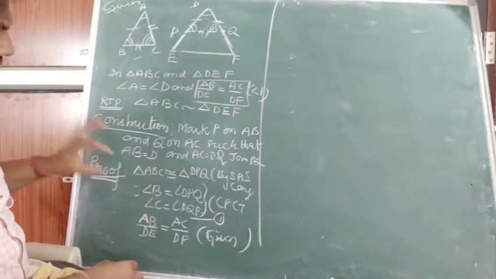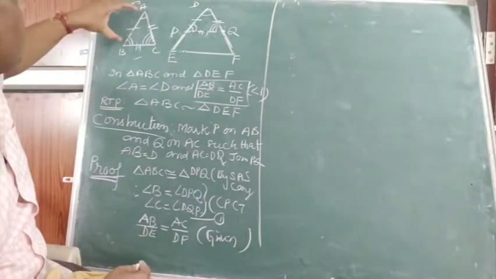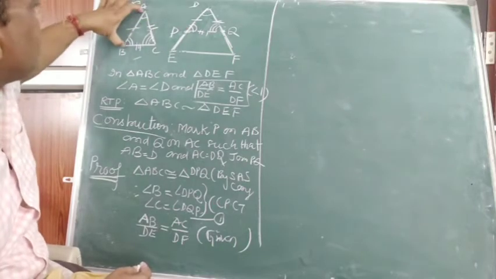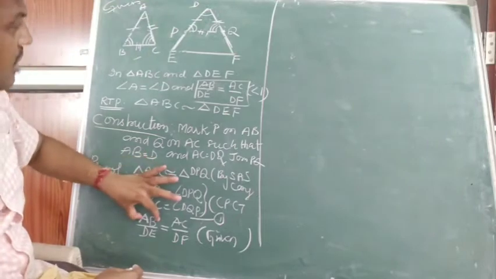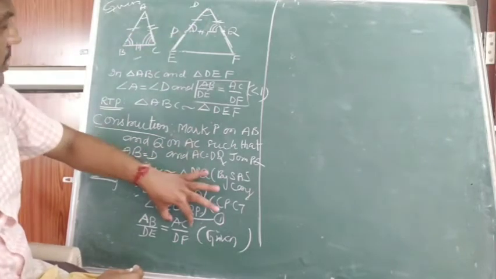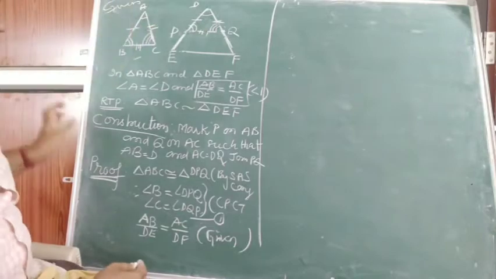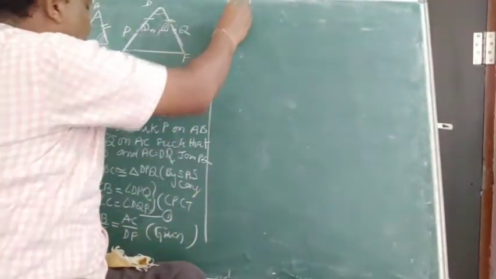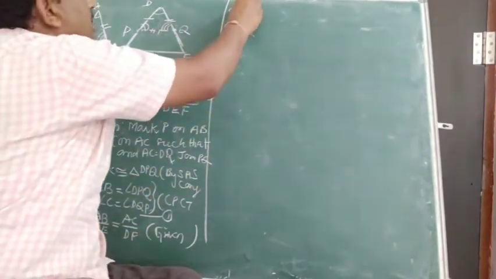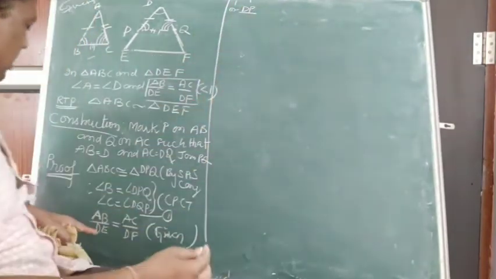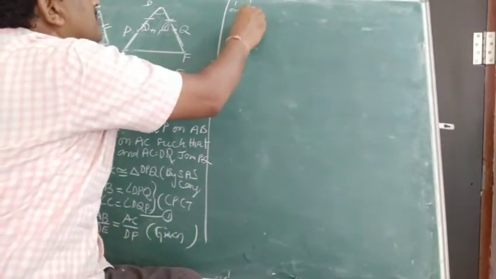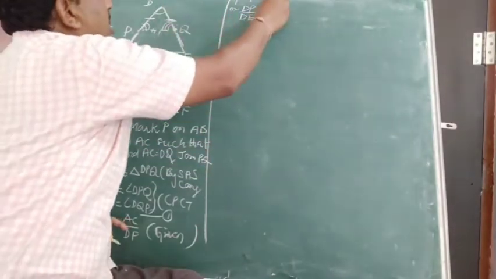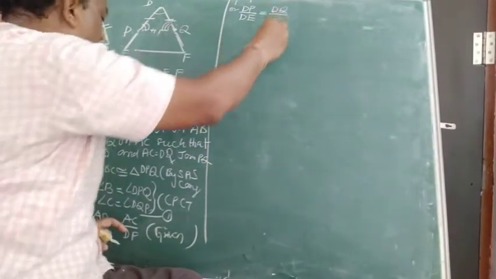Okay, children, now we know that AB is equal to DP, as in the previous theorem. This AB and DP are the same, so in place of AB I can write DP, and in place of AC I can write DQ. So let's write down, children, DP by DE is equal to DQ upon DE.